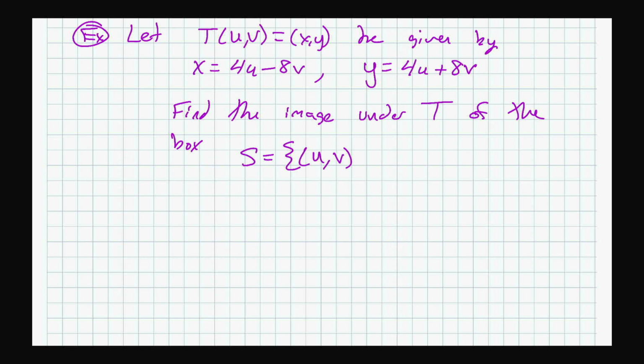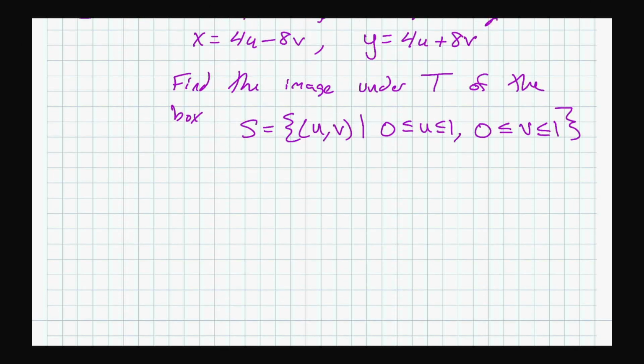S is going to be the set of U and V such that U is between 0 and 1, and V is between 0 and 1. It doesn't have to be 0 and 1. It could be 0 and 2, 0 and 3, 5 and 9, whatever it is. That's not a rule.